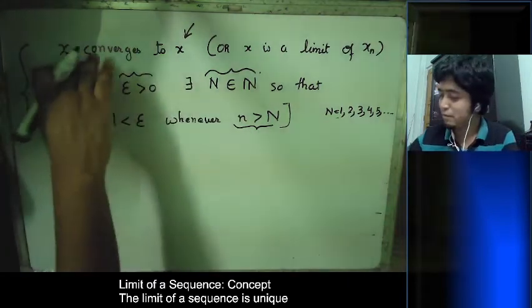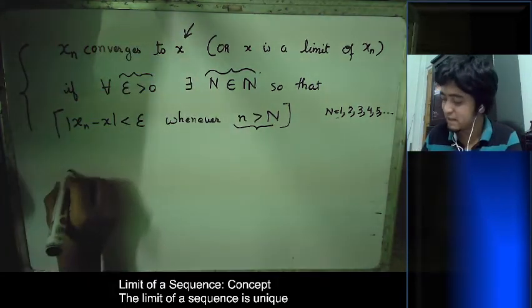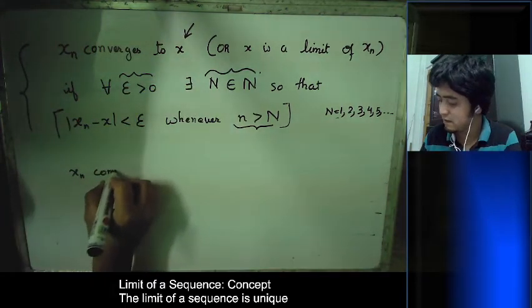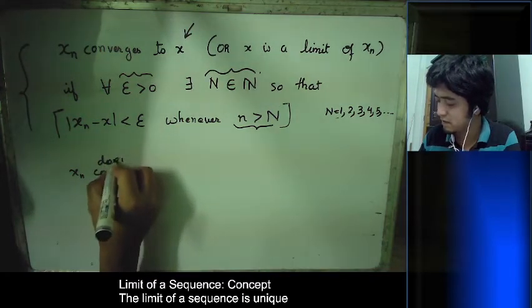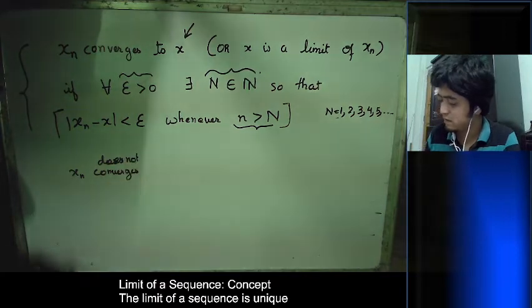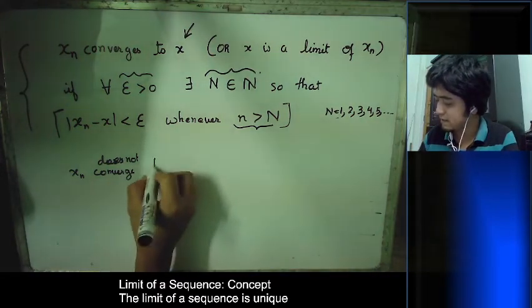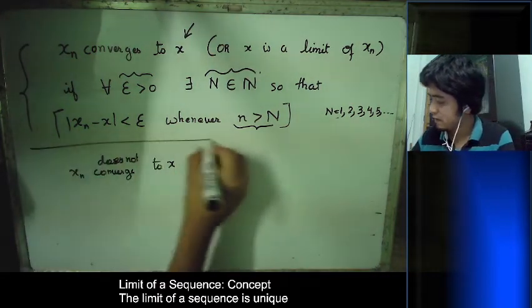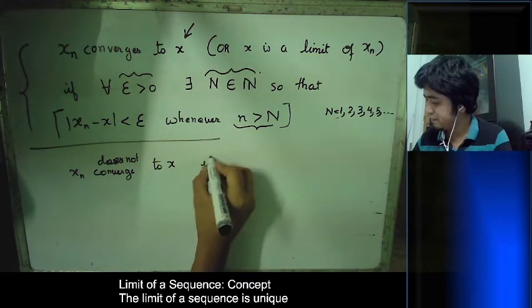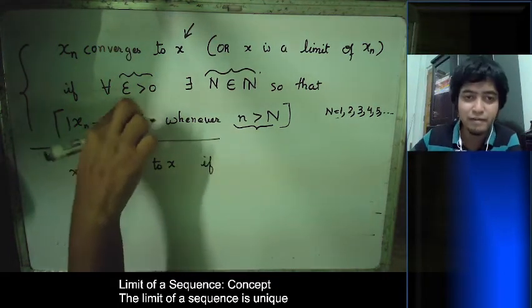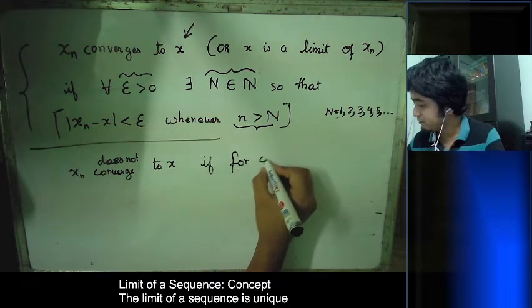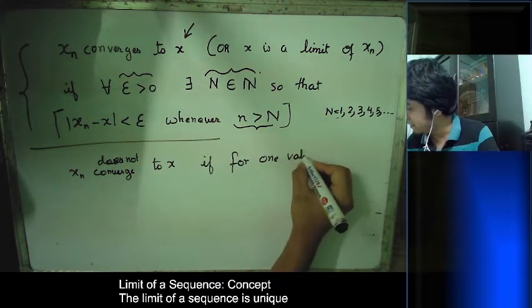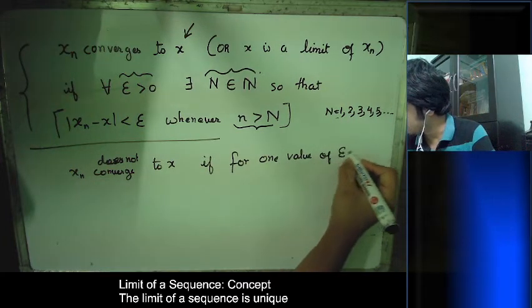But when will we say that it does not converge to x? Over here you had for every epsilon. Now you will replace it with there exists one value of epsilon greater than 0.